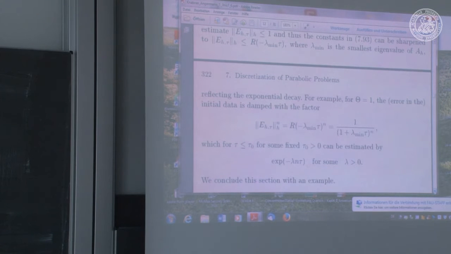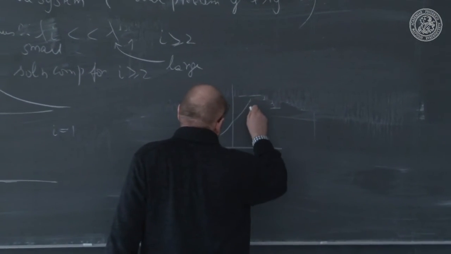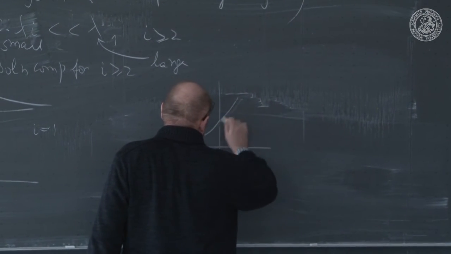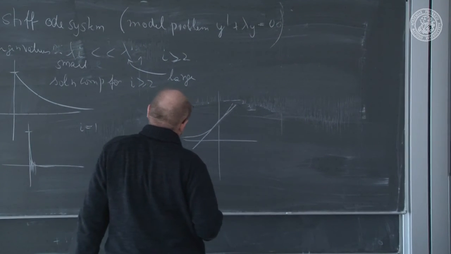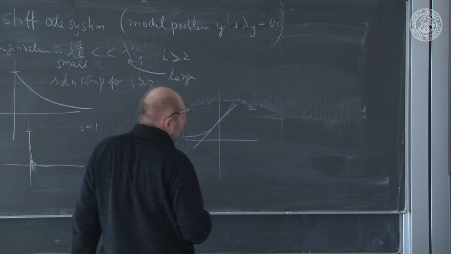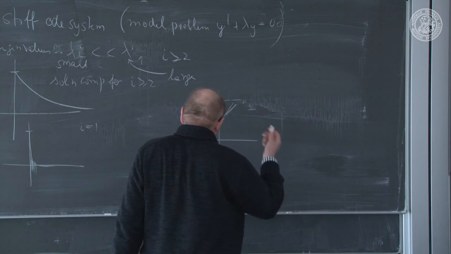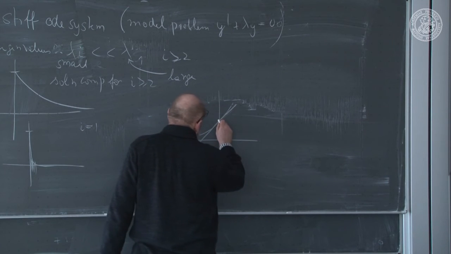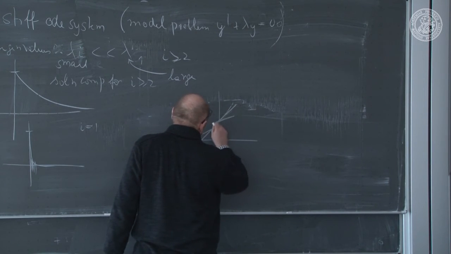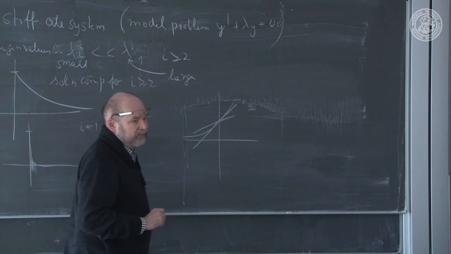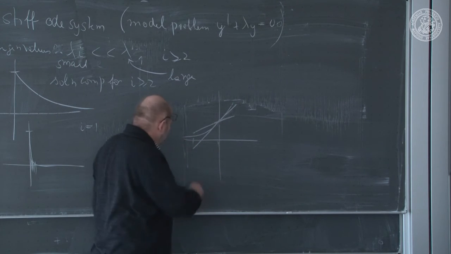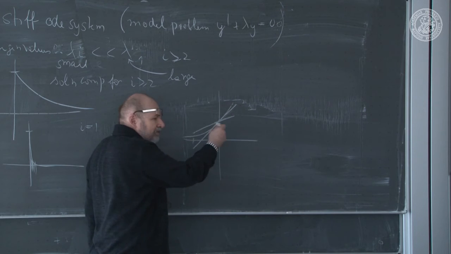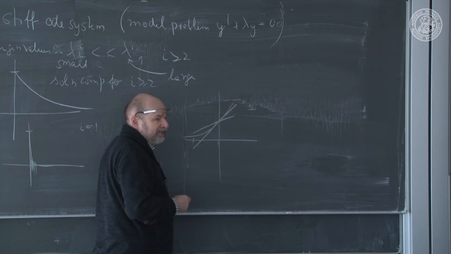I have the exponential function, and I have the 1 over 1 plus x function. Of course, this function is not above the exponential function. So what I have to do is tilt this a little bit, so that I stay above the exponential function in the range where I'm interested. It only works on a fixed range, but this fixed range comes from the tau 0.